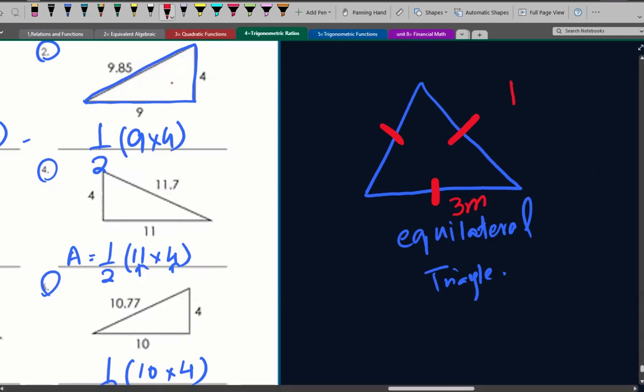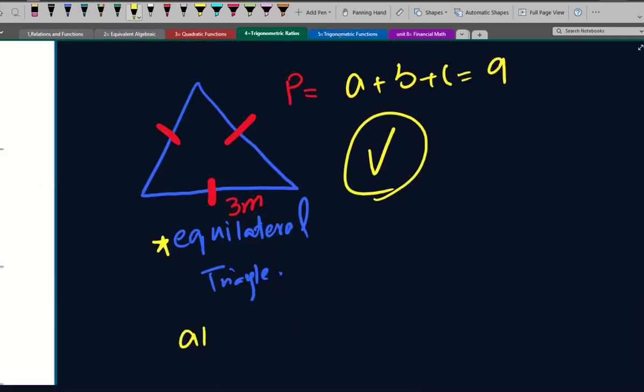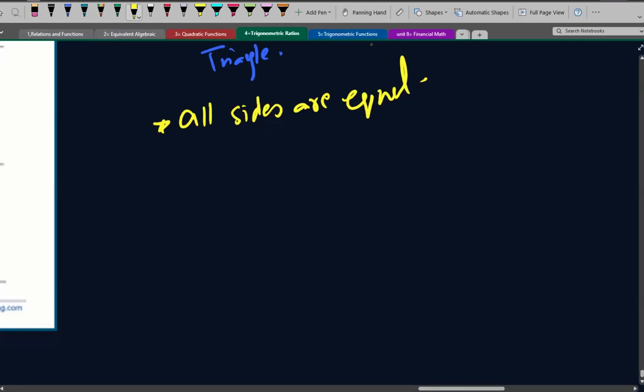What's going to be the perimeter of this equilateral triangle? They give us the length of one side. Yeah, because in an equilateral triangle, all sides are equal and all the angles are equal as well. That is the property of the equilateral triangle.